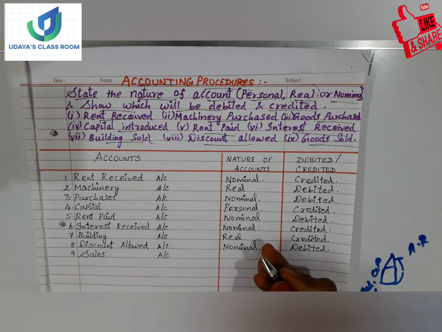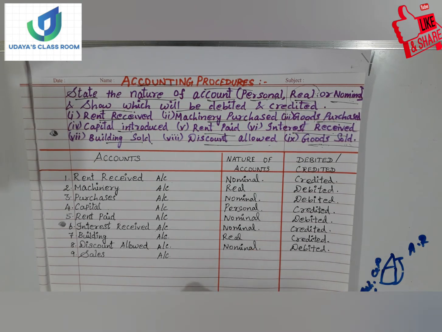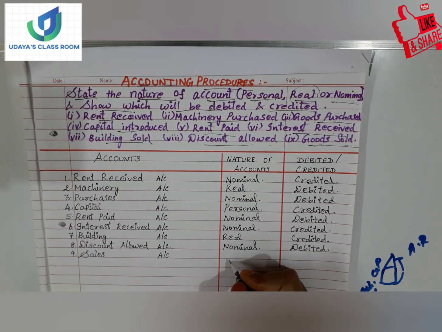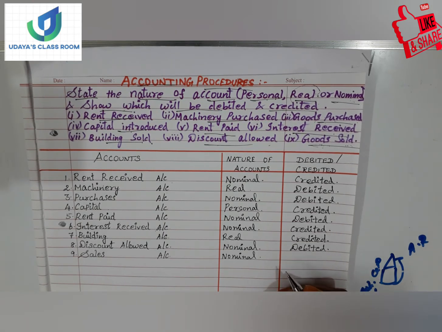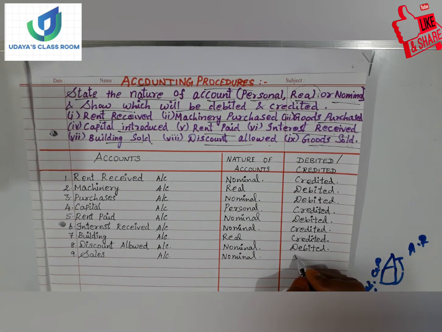So if we do sales out of our sales operation, we will be generating income for our company, right? So it is nominal account. Debit all expenses and losses, credit all incomes and gains. So out of sales, we will be generating incomes and gains only. So we have to credit here.